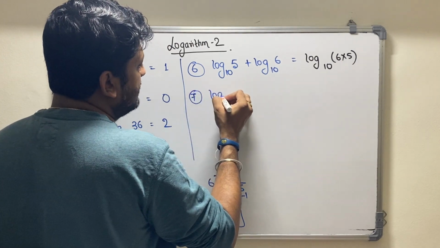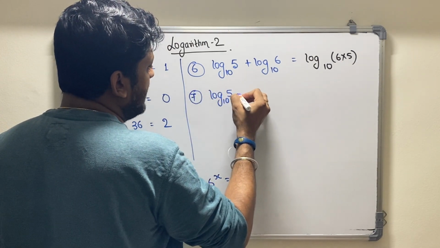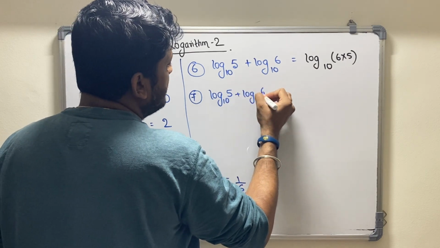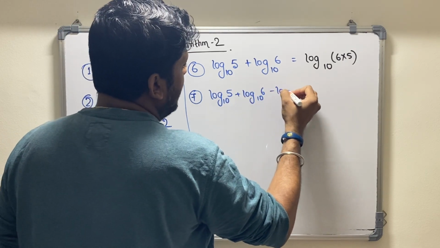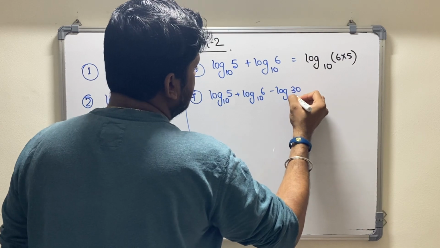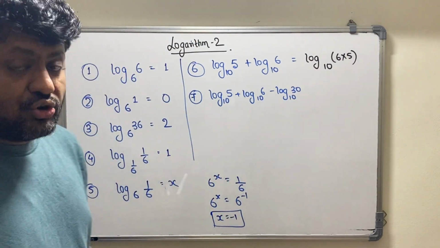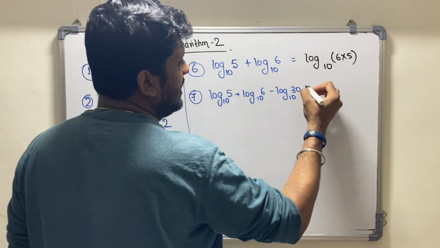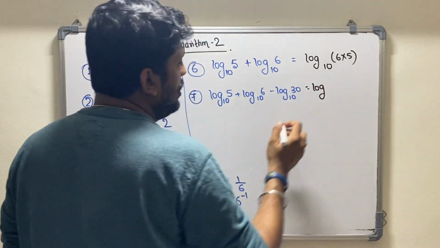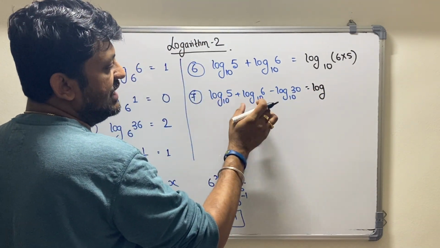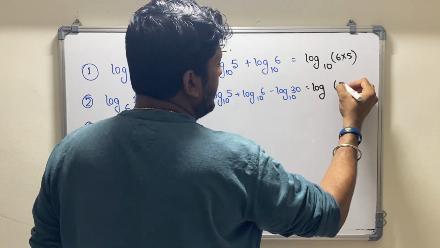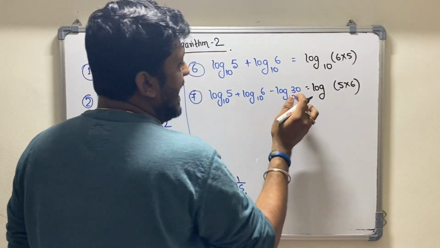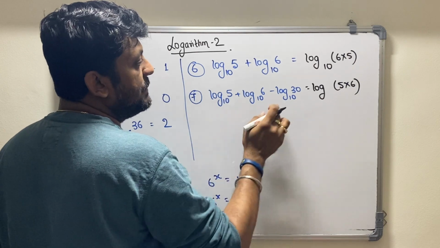Suppose I write something like this: log 5 base 10 plus log 6 base 10 minus log 30 base 10. Here the first and the second properties of the logs will be used together. These two are added, which means the numbers will get multiplied, 5 into 6, and 30 will come in the denominator because it is minus.